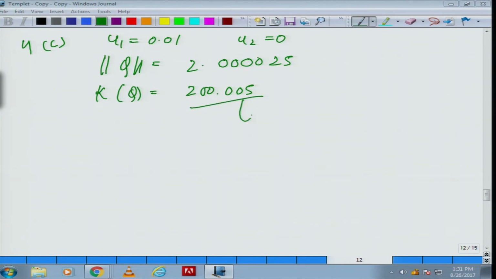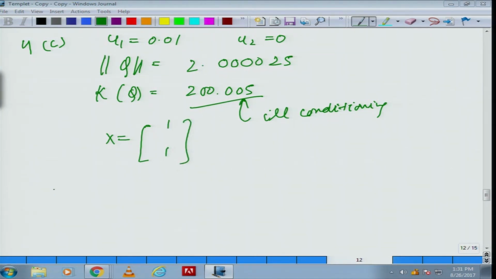As you can see, the condition number is quite large, so the matrix is ill conditioned. The value of x for these values of U1 and U2 is simply 1 and 1.